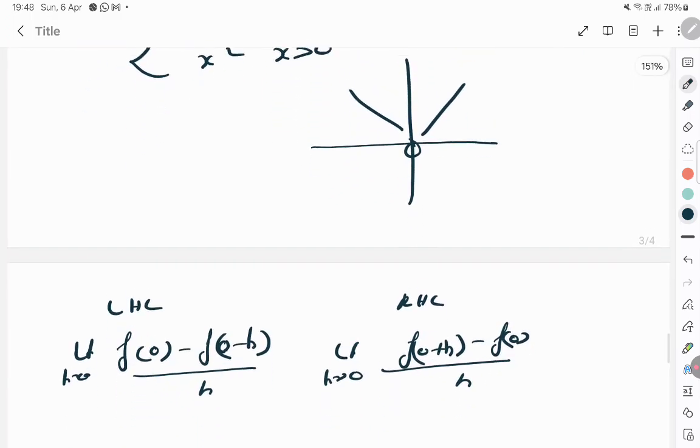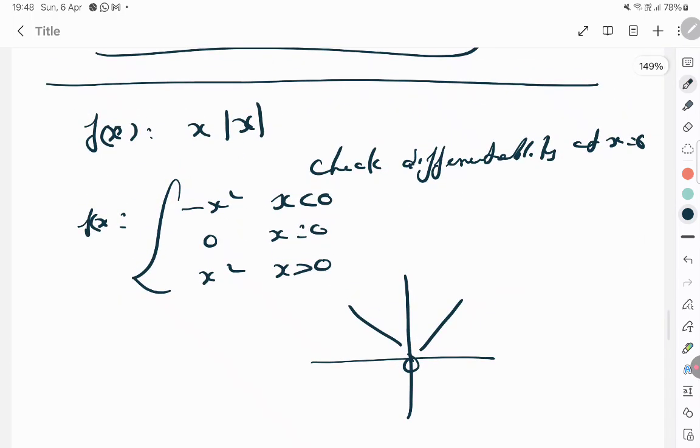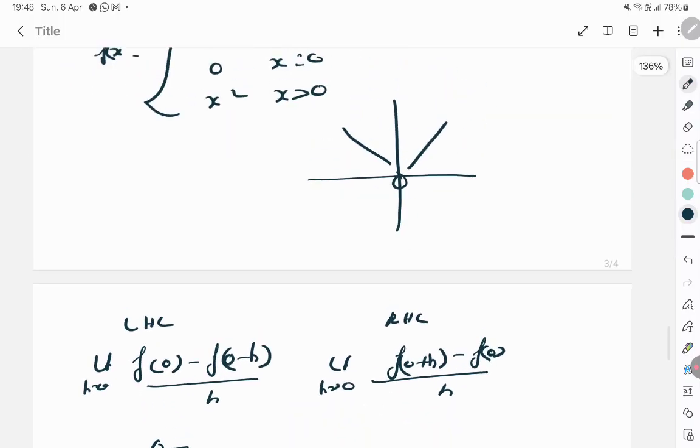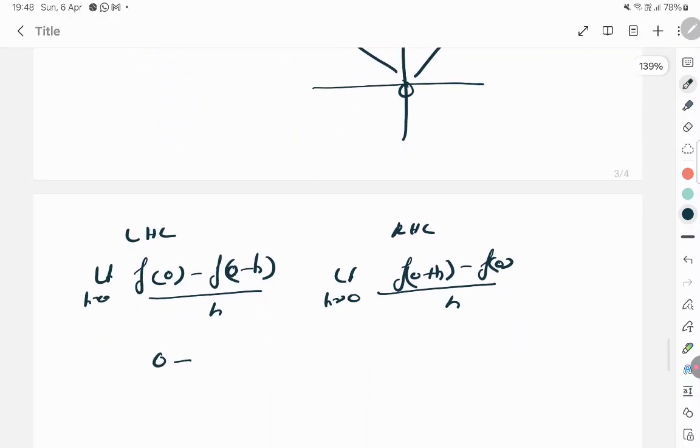It's 0. And f of 0 minus h means the formula for less than 0, which is minus x square. So it's 0 minus of 0 minus h the whole square, by h, correct?